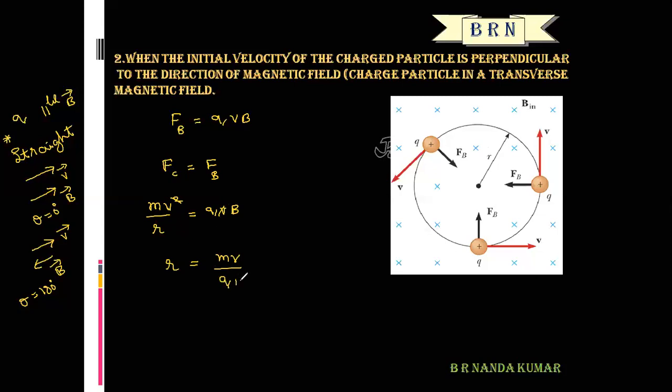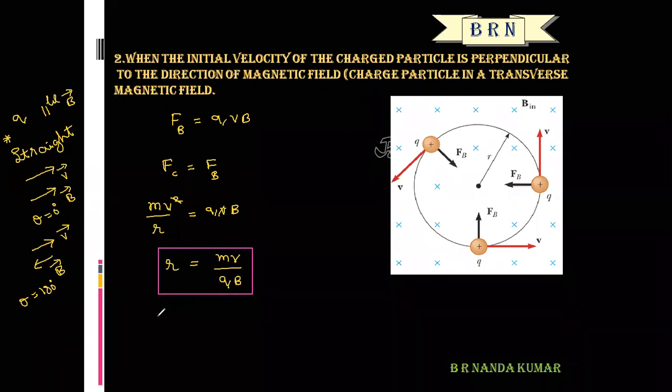So this is a very, very important mathematical expression. It is the expression for radius of circular orbit: r is equal to mv divided by qB.